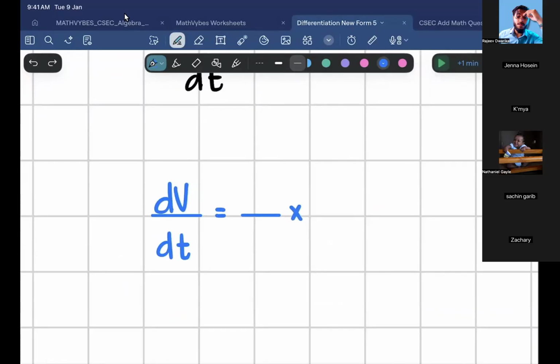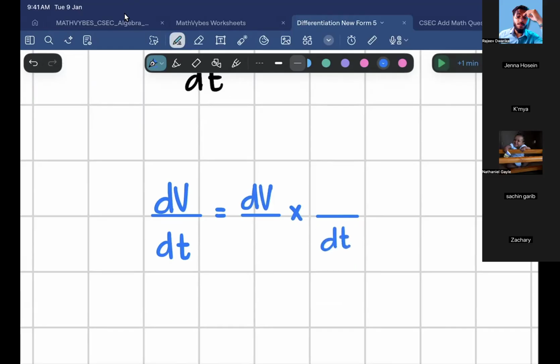It's going to be a product, right? What has to come on top here, and what has to be in the bottom here for sure? dV has to come here, and Jenna, what would have to come here for sure? dt, right?